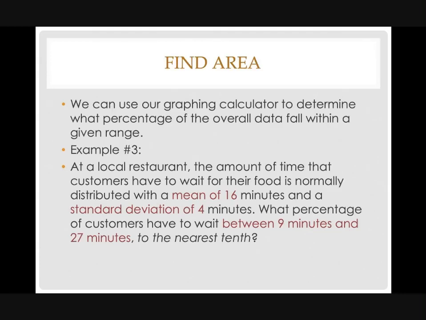What percentage of customers have to wait between 9 minutes and 27 minutes, to the nearest tenth? Notice how I've highlighted certain parts here, because that will be important for us to determine the area. And when I say area, I'm talking about the chunk of our bell curve that we would need to determine the percentage for.